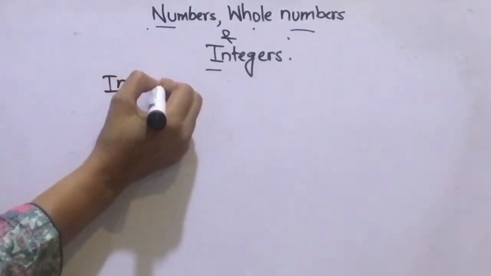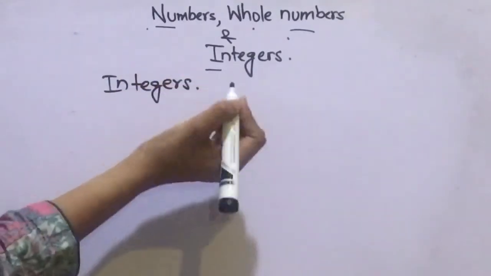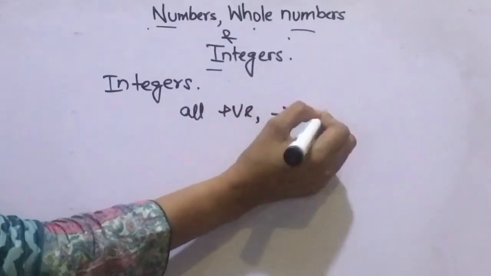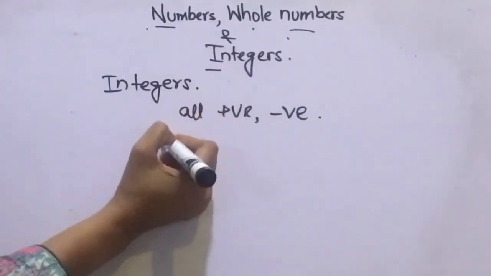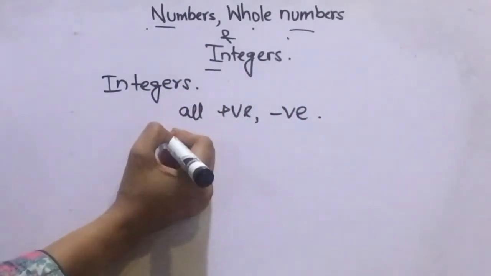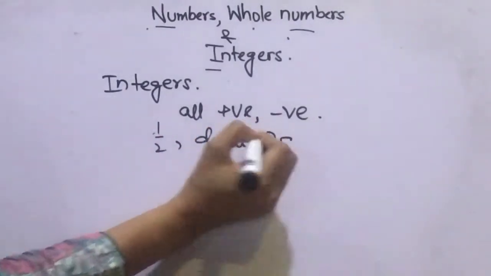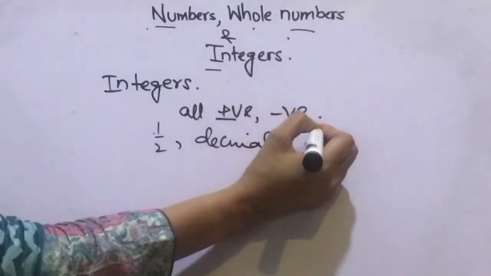Integers are all positive and negative numbers. And like whole numbers, they don't include the fractions and decimals. Just positive and negative numbers.